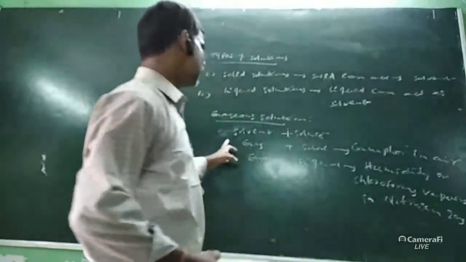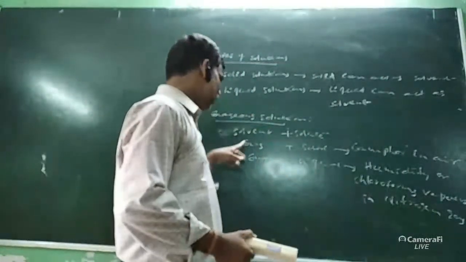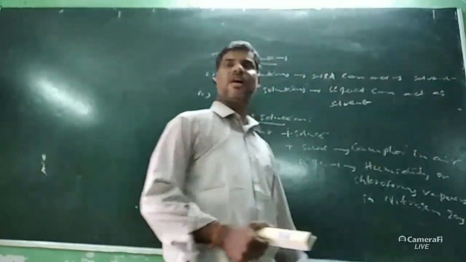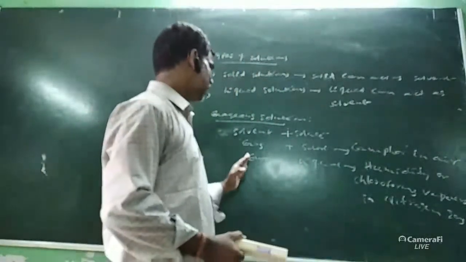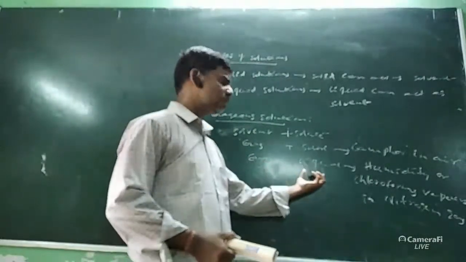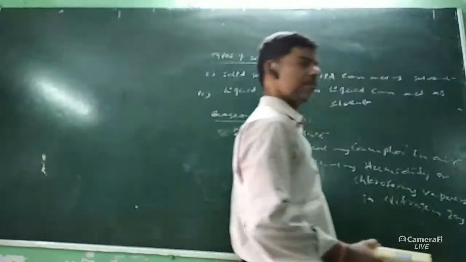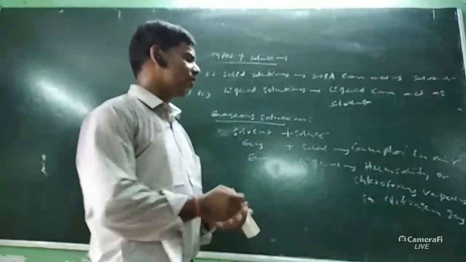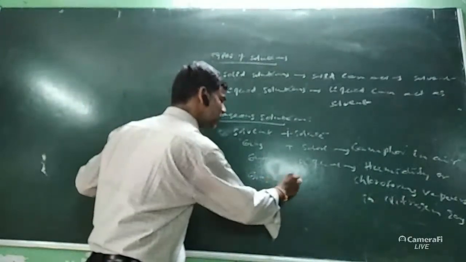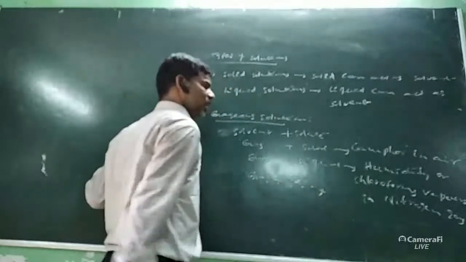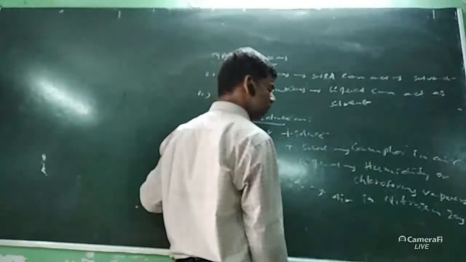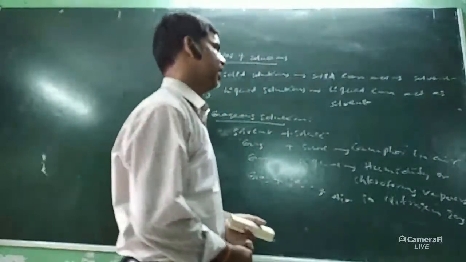Here the gas is the larger amount and the liquid is the smaller amount. Next we have gas plus gas, which we call air, generally a mixture of oxygen and nitrogen.